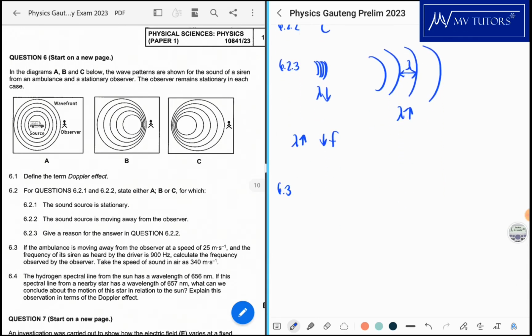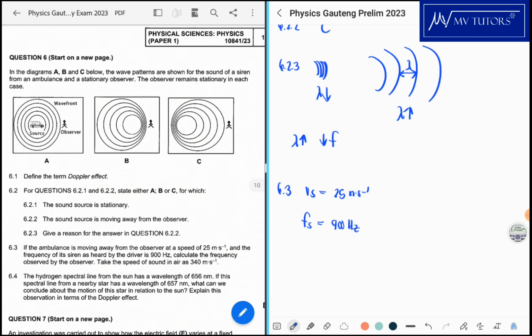And then 6.3 says, if the ambulance is moving away from the observer at a speed of 25 meters per second, so the speed of the source of sound is 25 meters per second, and the frequency of its siren as heard by the driver is 900 hertz, so the frequency of the source is 900 hertz.